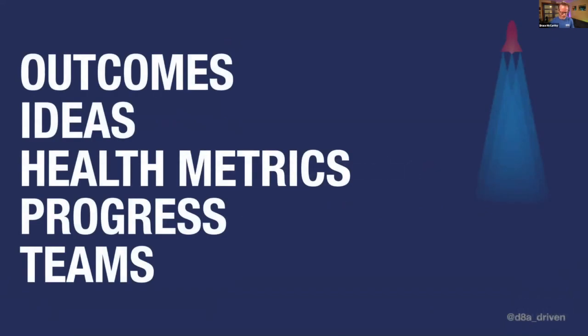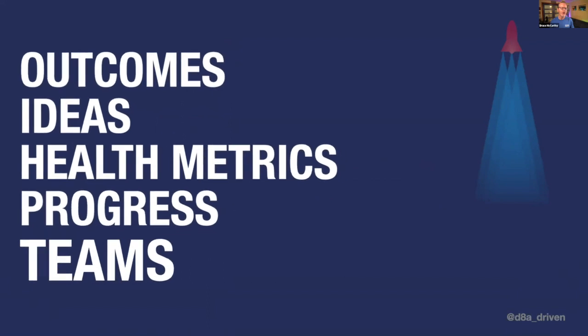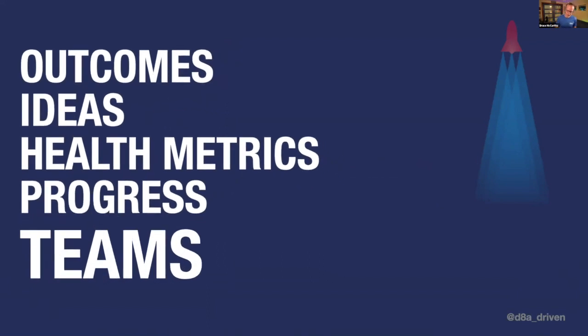The last thing I want to talk about is teams. I think one of the most important things to realize is that when you're creating OKRs for cross-functional teams like product squads, crews, scrum teams, whatever you want to call them, we need to set these goals at the team level.